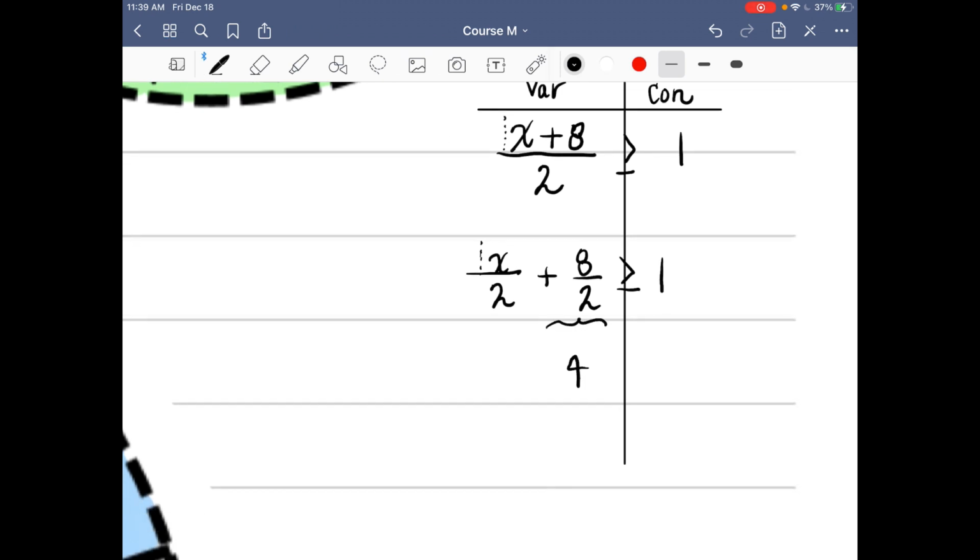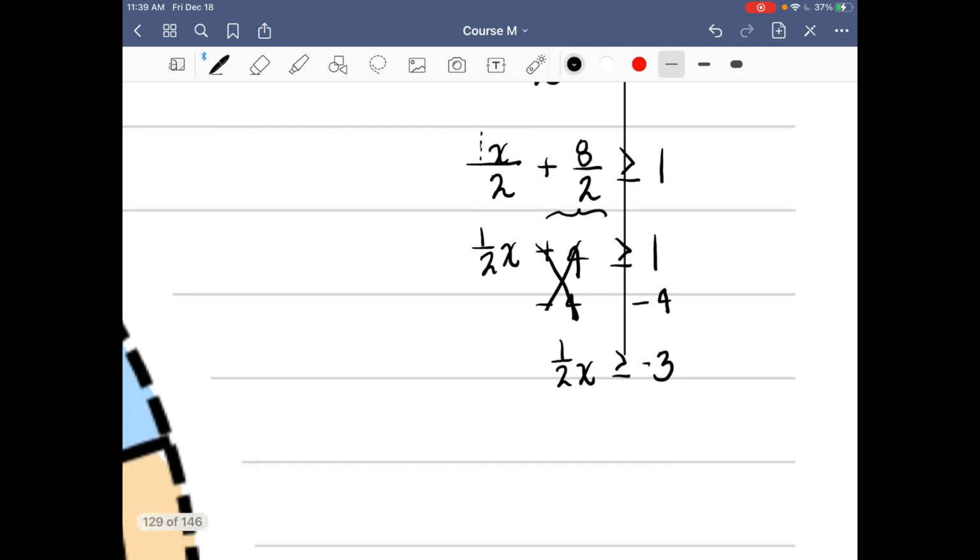Then 8 over 2 is 4, and this is 1/2 x plus 4 is greater than or equal to 1. Move the 4. 1/2 x is greater than or equal to negative 3.